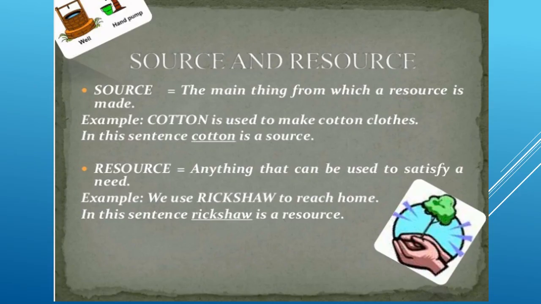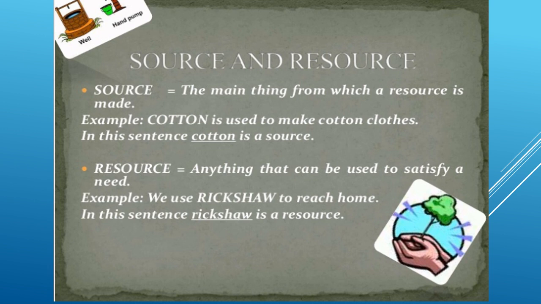Now, to begin with, what is the difference between a source and a resource? The main thing from which a resource is made is a source. For example, for making paper we need trees. So tree is a source here and paper is a resource. Anything that can be used to satisfy a need is a resource.